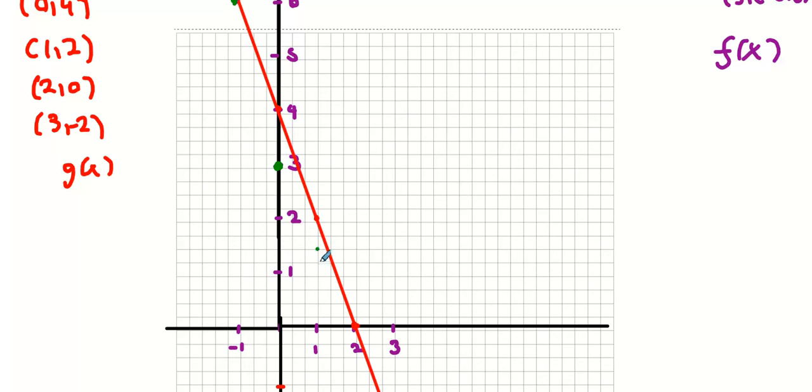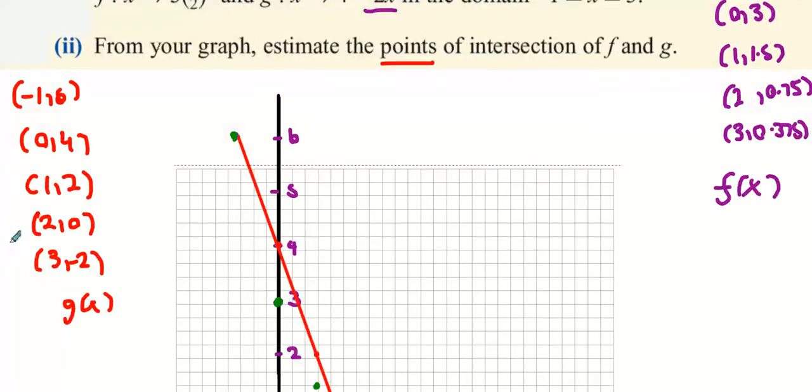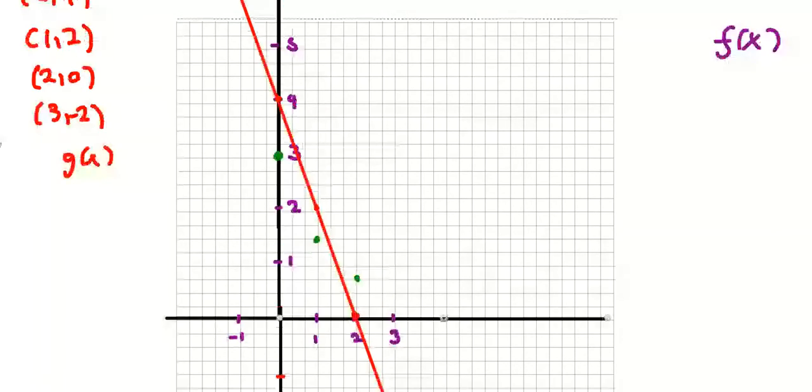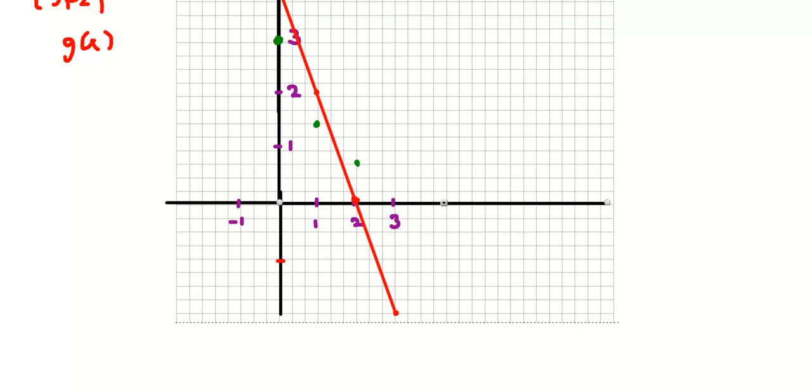So 1, 1.5 will be here. Then we get 2 and 0.75. So 0.75 would be 3 blocks out of 4. And then finally 3 and just below the half. Yeah, this part's annoying me, that's where it should be. And 3 and 0.375, so 0.375 is there, okay?